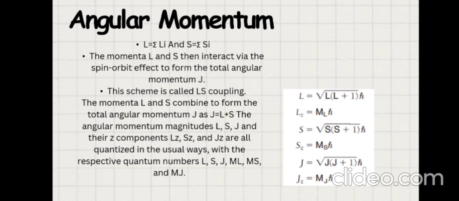The momenta L and S then interact via the spin-orbit effect to form the total angular momentum J. This scheme is called LS coupling. The momenta L and S combine to form the total angular momentum J, as J is equal to L plus S. The angular momentum magnitudes L, S, J and their Z components LZ, SZ and JZ are all quantized in the usual ways with the respective quantum numbers L, S, J, ML, MS and MJ.